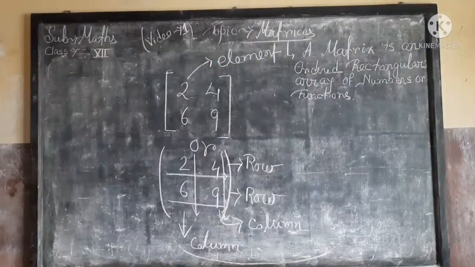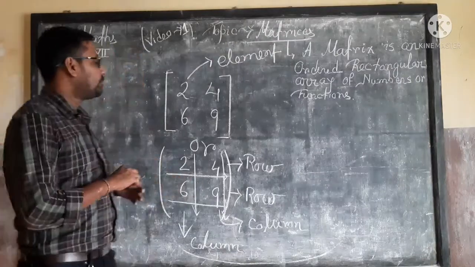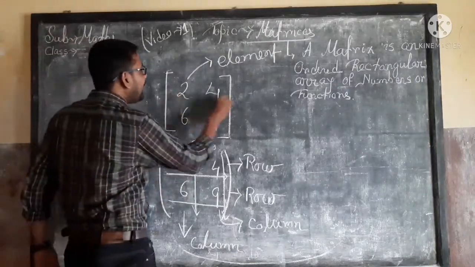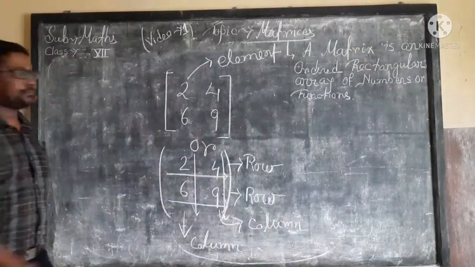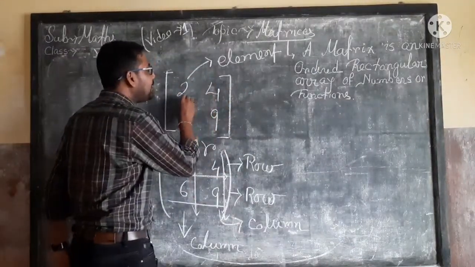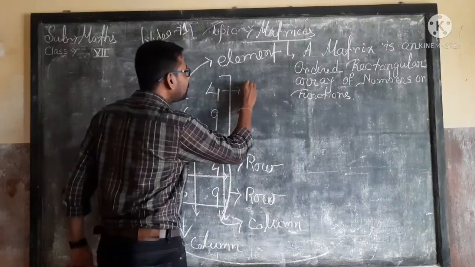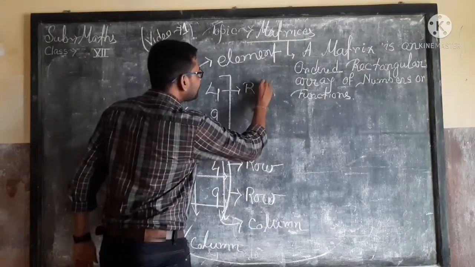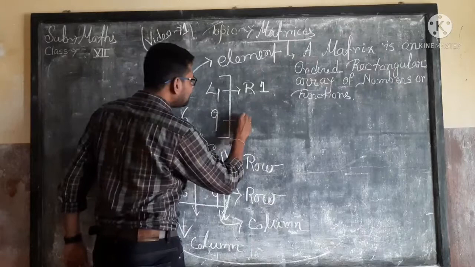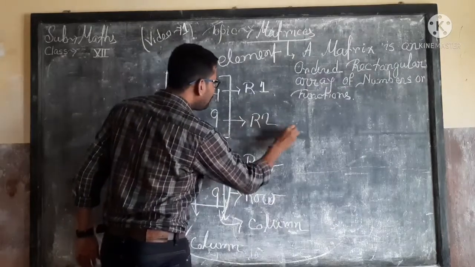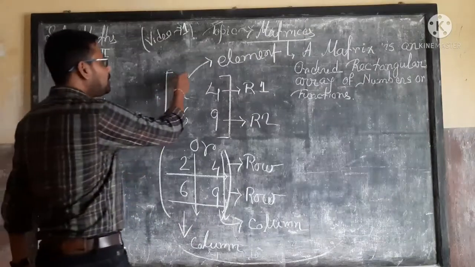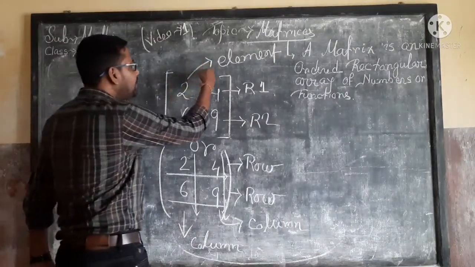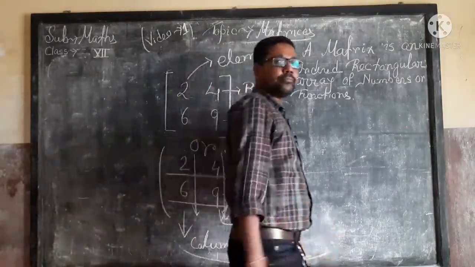For any matrix, if you consider all the values along a horizontal line, then this is called the first row, row 1, and this one is row 2, and if you consider the vertical values, that is the first column, and this is our second column.